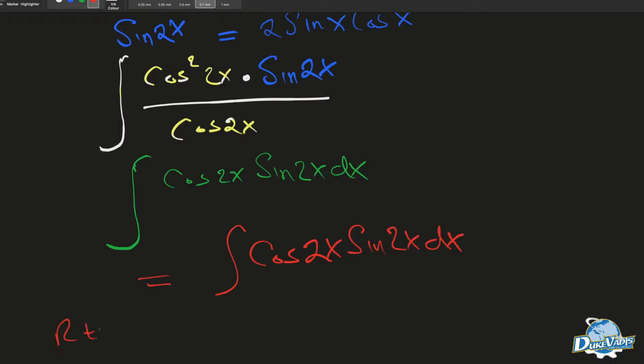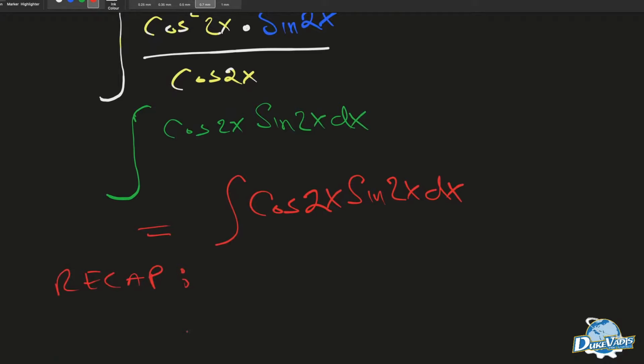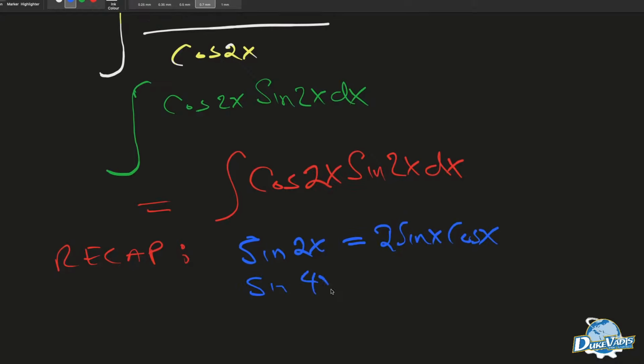But recap. We know that if we have sine 2x giving us 2 sine x cos x, then we can say that sine 4x will give us 2 sine 2x and cos 2x, which is similar to this equation we have over here.